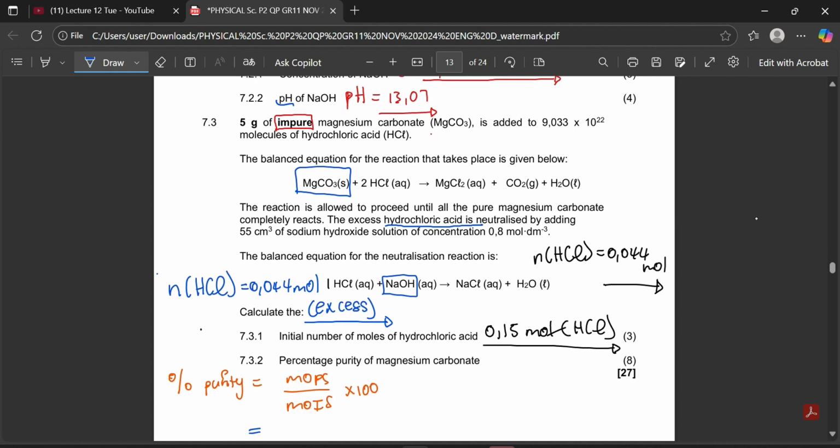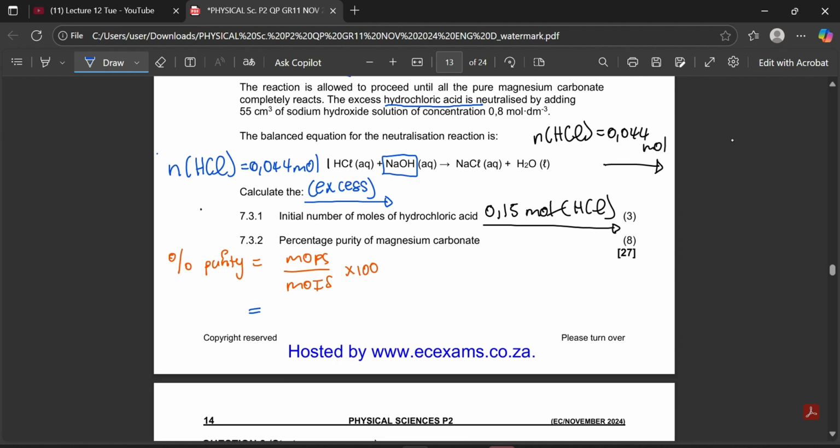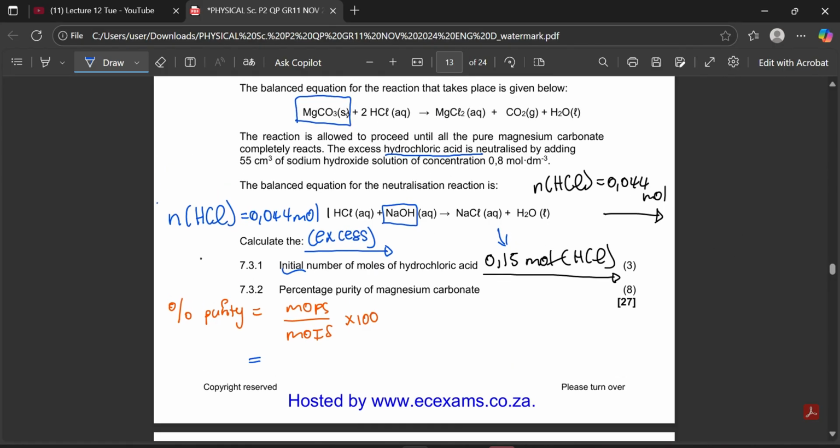Remember, the original number of moles of hydrochloric acid was 0.15, but the number of moles that reacted with sodium hydroxide was 0.044, meaning there is some number of moles from the original that reacted with magnesium carbonate, right?